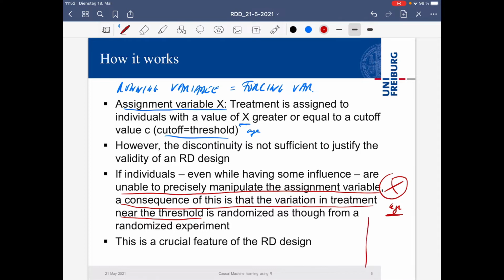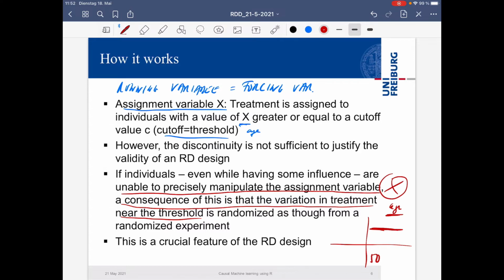So assume now the cutoff point would be 50, and you were able to manipulate your age so that you get access to the treatment. Then in such a case, RDD wouldn't be allowed to apply, so that wouldn't be plausible to use RDD.